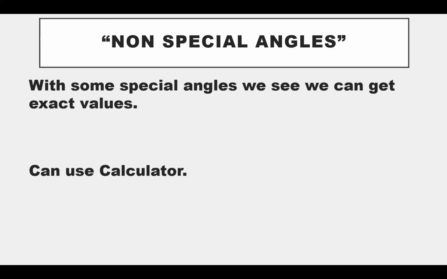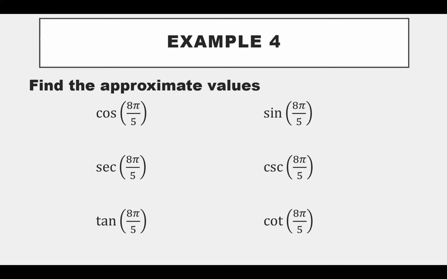Again, some special angles we can get exact values for using some tricks that we'll learn later. But most of the time, it's going to be more efficient just to turn to our calculator. So let's find approximate values for cosine, sine, secant, cosecant, tangent, and cotangent of the angle 8 pi over 5.